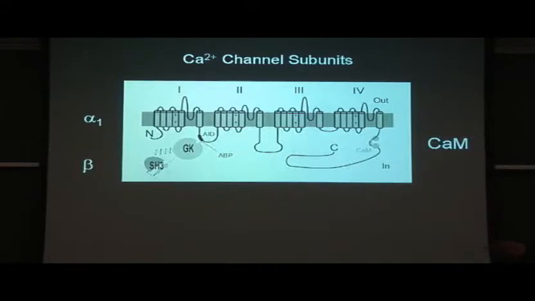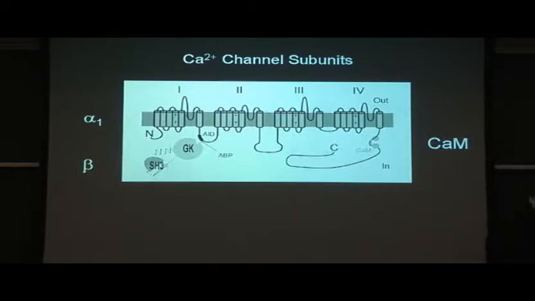But that's one of the other critical accessory subunits for calcium channels. And then what I want to convince you of today is that calmodulin we now think of as an obligate subunit. So this is essentially a subunit of the channel, and that has important implications that I want to talk to you about towards the end of the talk.